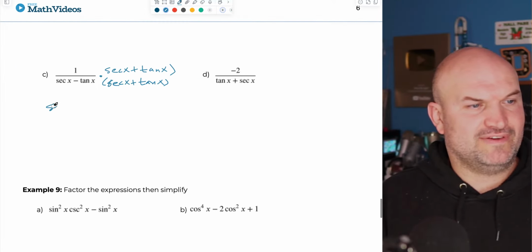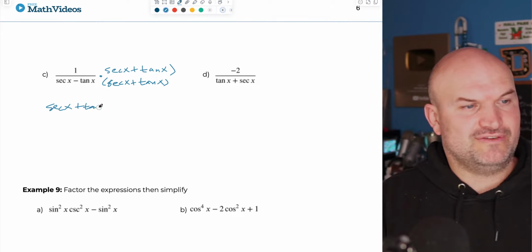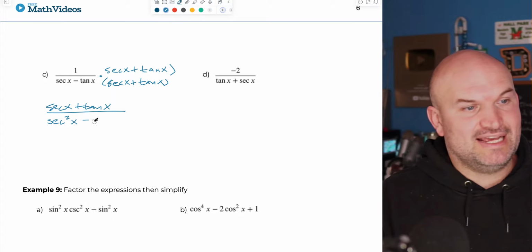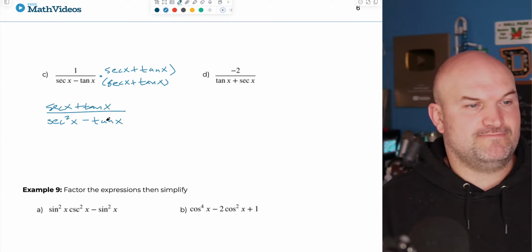All right, so we have secant of x plus tangent of x divided by secant squared of x minus tangent squared of x.